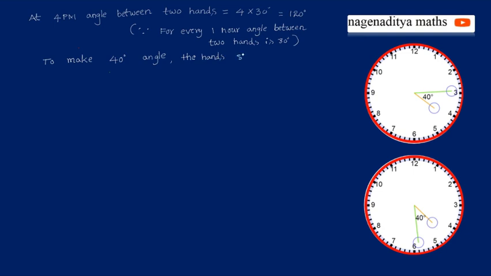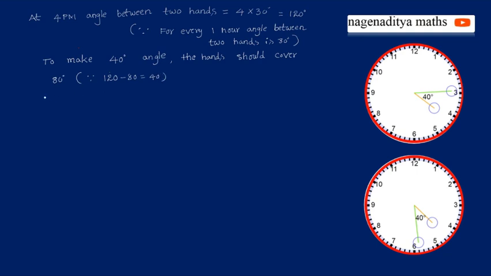If you subtract 80 from 120, we will get 40 degrees. So the hands should cover 80 degrees to make an angle of 40 degrees. 120 is the previous angle, the angle made at 4 o'clock. So 120 minus 80 becomes 40 degrees.